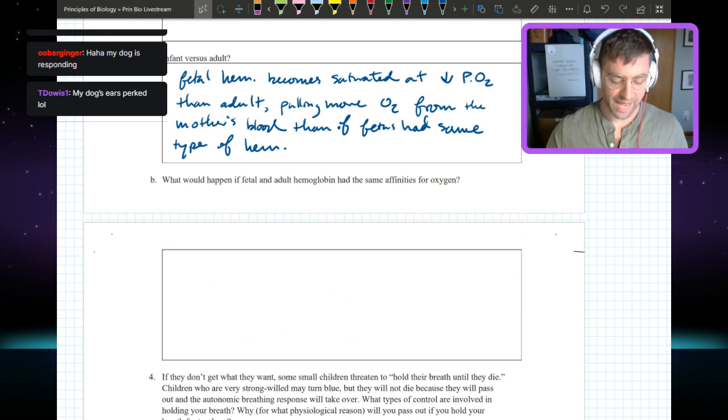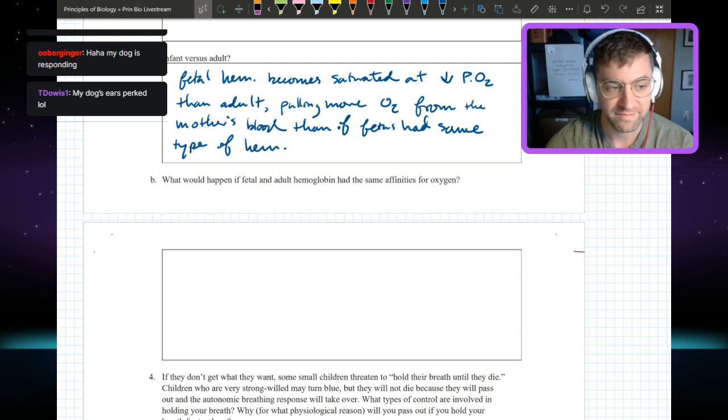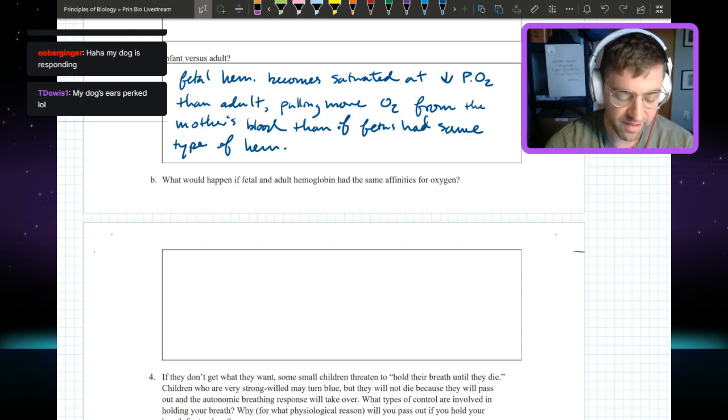Part B. What would happen if fetal and adult hemoglobin had the same affinities for oxygen? So a moment ago we said that the fetal hemoglobin reaches saturation at a lower partial pressure of oxygen.